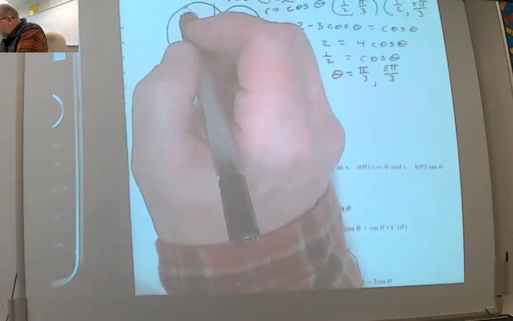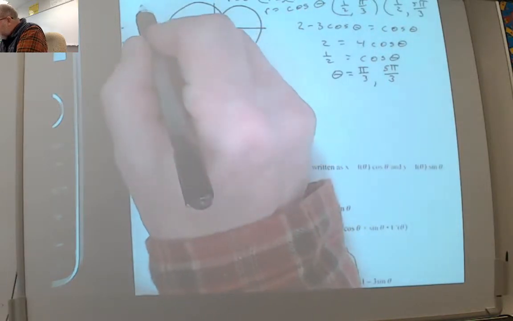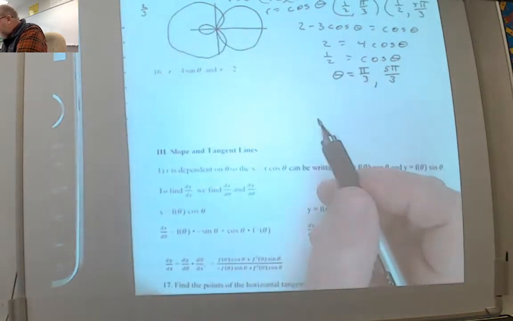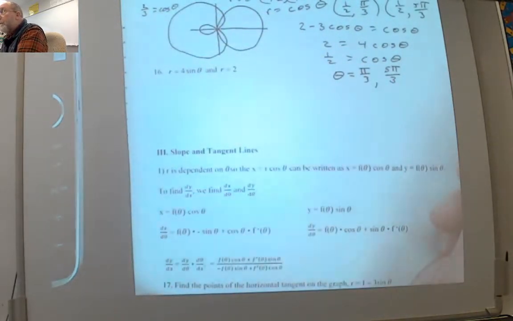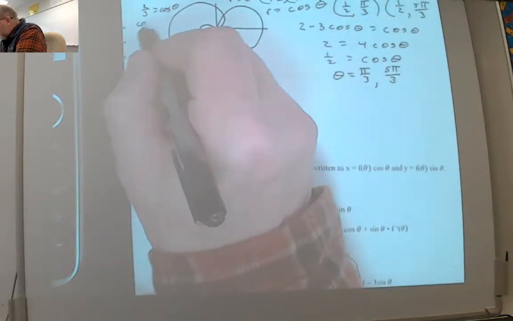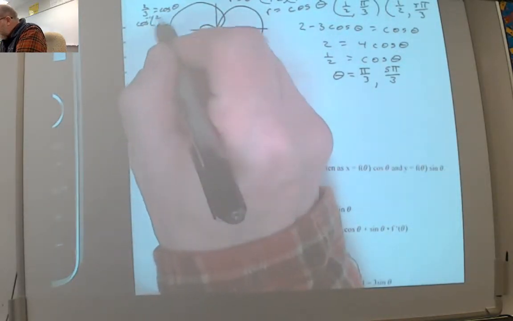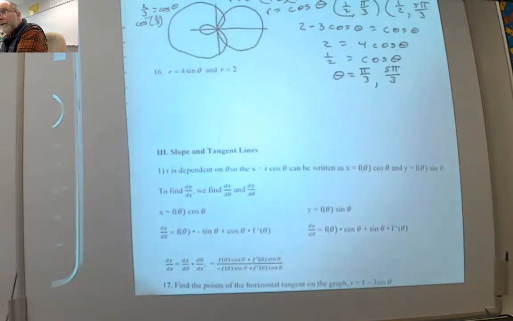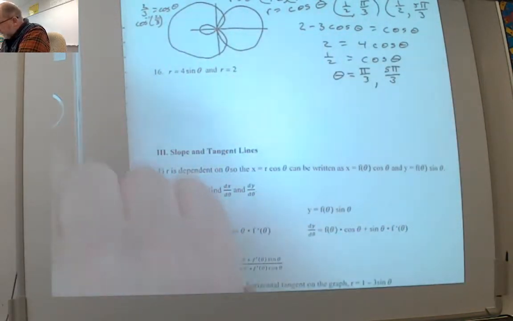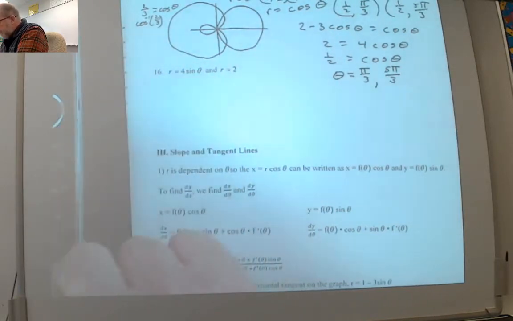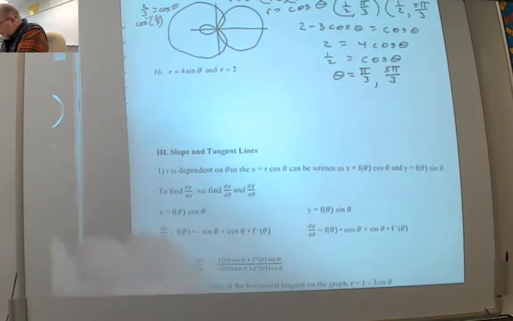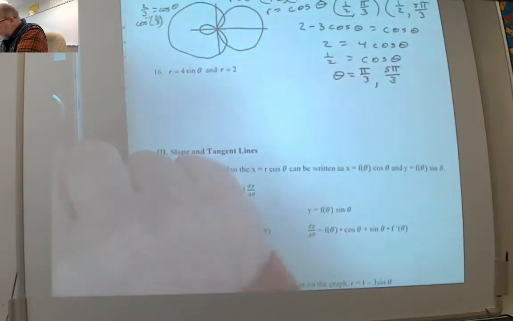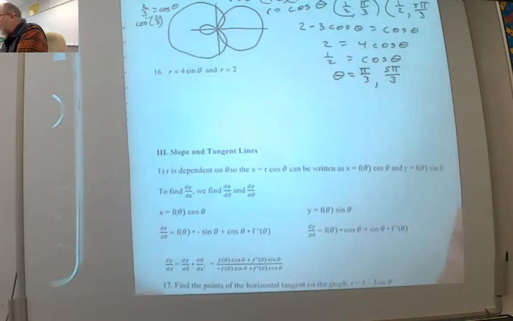Well, it would mean that I would have 2/3, correct? Equals the cosine of theta. And so I could go to my calculator to figure out what that angle measurement is, correct? And I got 0.841 radians.